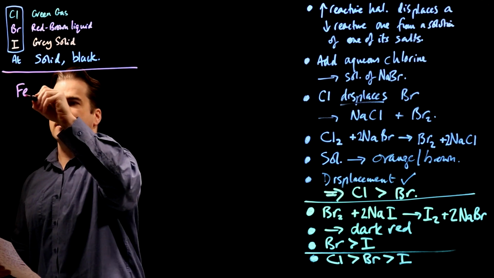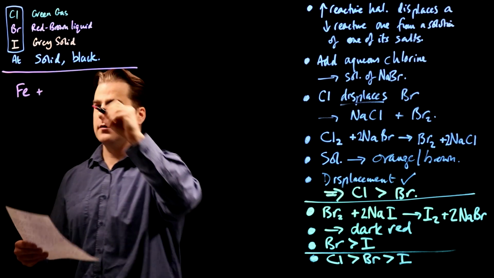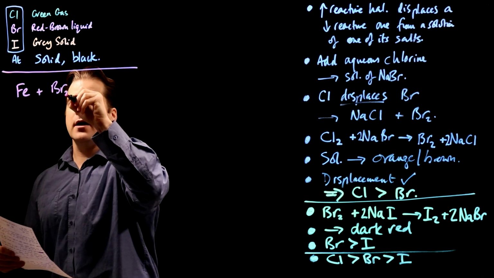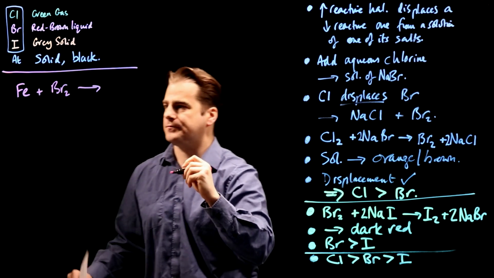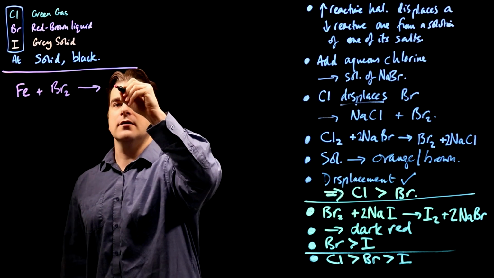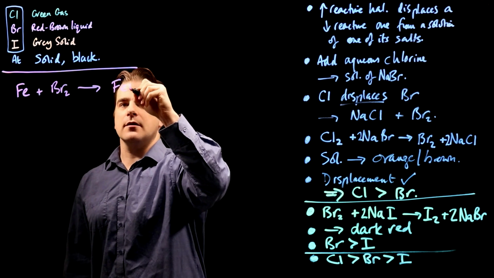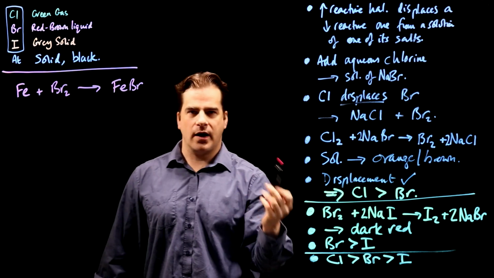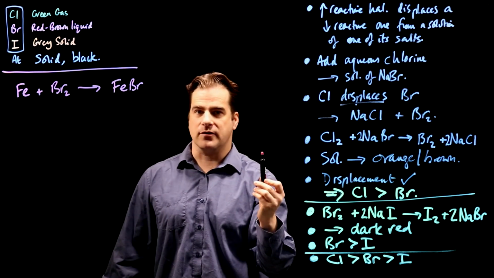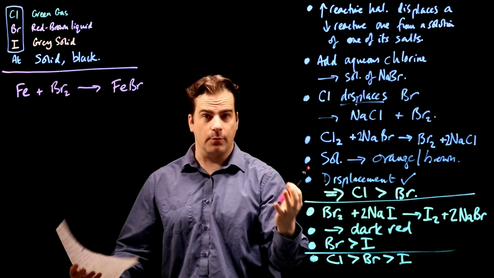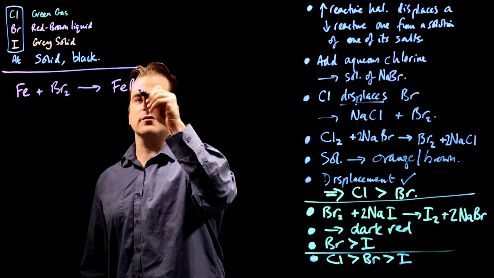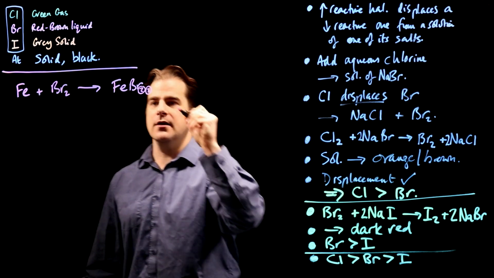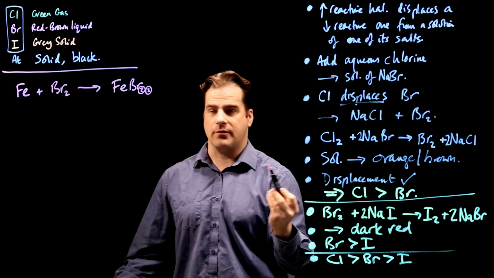You have iron plus Br2 and it's making iron bromide, FeBr. Well, iron can be iron 2 or iron 3, so there may be 2 bromines on it, or 3. We don't know. That's the whole point of the question. Is it Br2? Is it Br3? We don't know. That's what we're going to find out, okay?